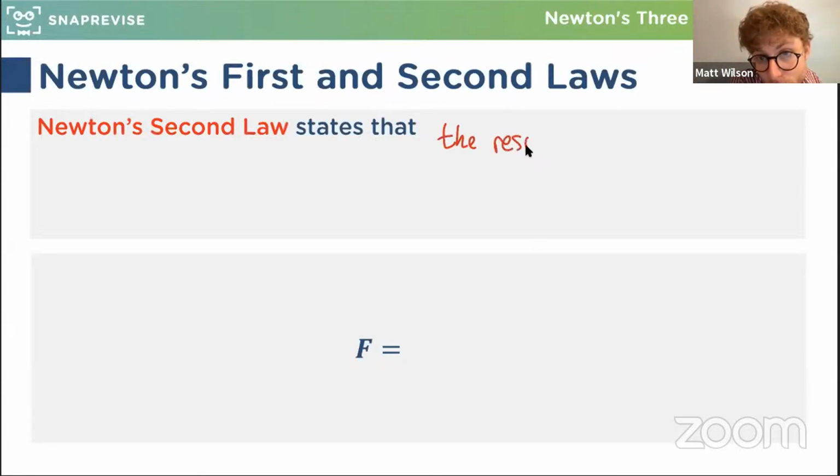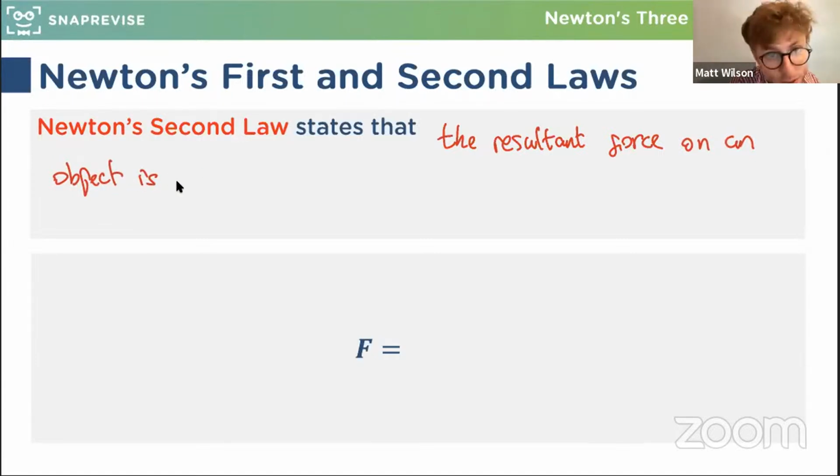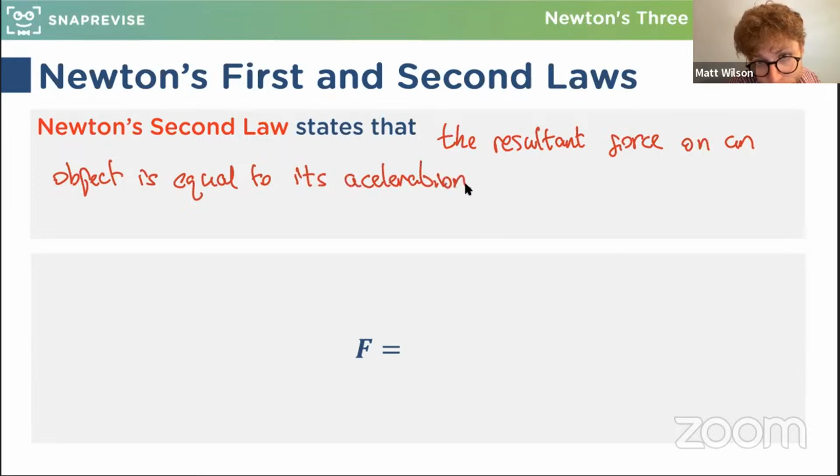The resultant force on an object is proportional to its acceleration, or in fact is equal to its acceleration multiplied by its mass.